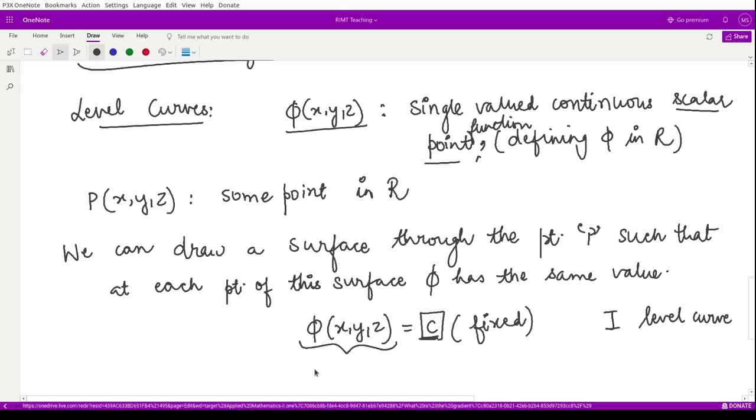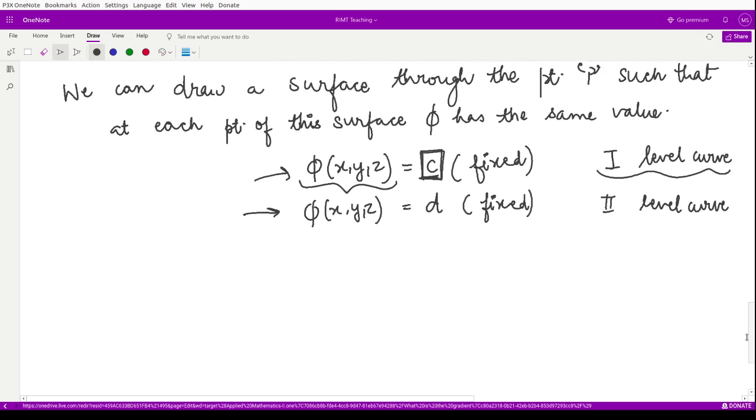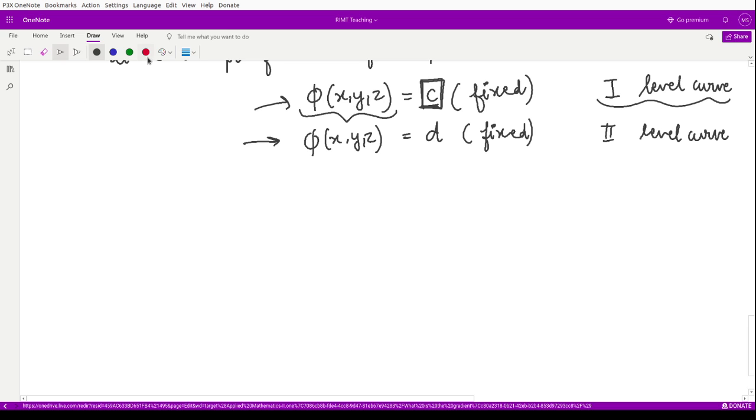For another level curve, phi of x, y, z would be equal to some other constant, let me call that d. So this is also fixed for this second level curve. I mean to say that whenever you move from one level curve to another, the value of this constant will change, but if you remain on that particular level curve, its value won't change. It will remain constant. So to visualize the thing exactly, let me draw and explain it to you.